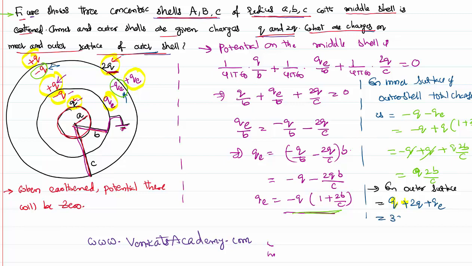Q plus 2Q is 3Q plus QE. Instead of plus, I can write a minus, minus Q of 1 plus 2b by c. So 3Q minus Q minus 2b by c into Q. So 3Q minus Q is 2Q, minus 2bQ by c is the charge that is there on the outer surface.